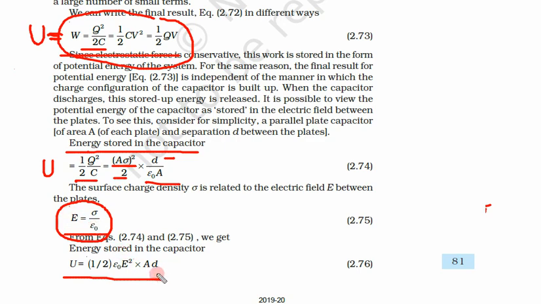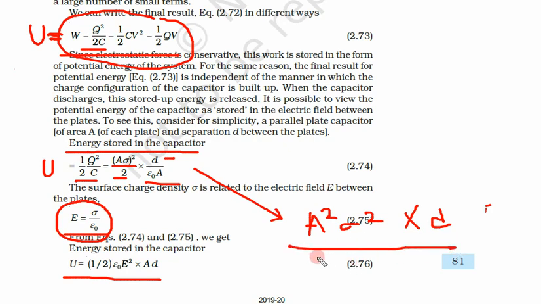So how it was done, let us solve. This was A square sigma square into D upon epsilon naught A, with 1 by 2 outside. So one A is cancelled out, giving A sigma square D upon epsilon naught.